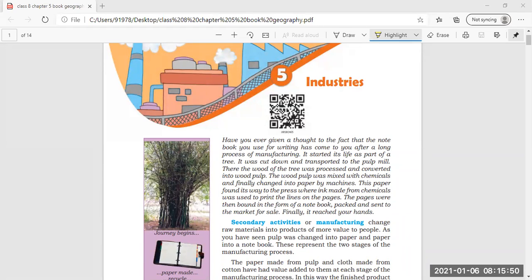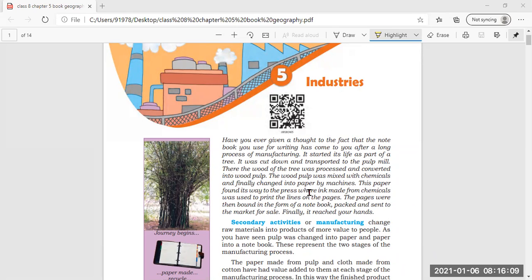Now, as you are all aware, industrialization started in England in the 18th century with what is known as the Industrial Revolution. Many factories came into being. Since then, it has spread to the rest of the world.